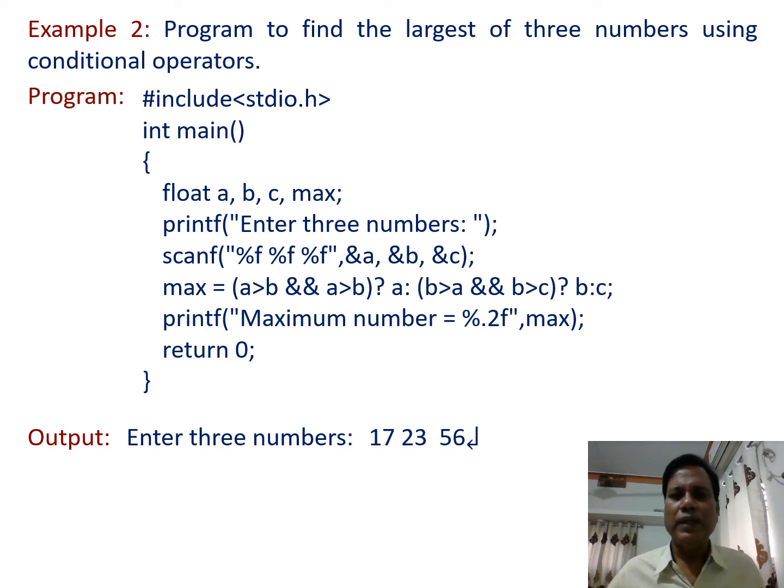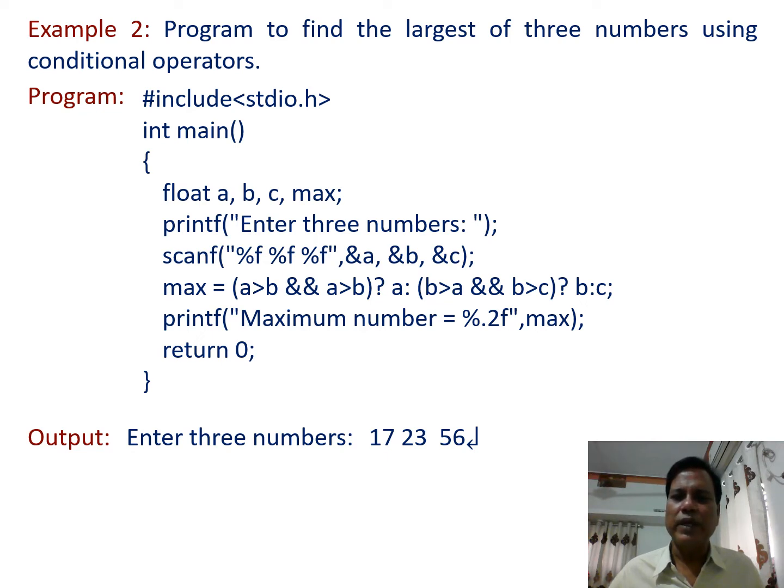Then in the next statement, on the right side of the assignment operator, a > b, that is, 17 is greater than 23, is false. In the AND operator, when one condition is false, the output of the AND operation is going to be false. So the false part after the colon is evaluated.